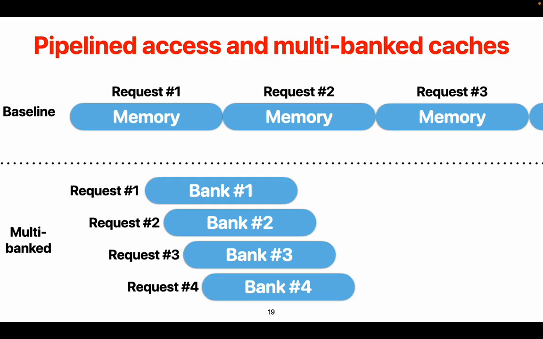If you pay attention to the timing diagram, previously with the blocking single-banked design, you can only send one memory request after another. But with multi-banked, pay attention to the timing. After I receive the first request, the next cycle I'm able to receive another request if it goes to a different bank. Then I can receive another one, and if it goes to a different bank, they can perform in parallel.